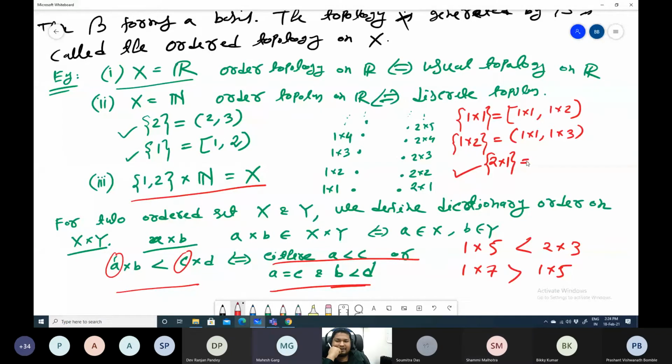It is not open. Sir, we can take intersection. Then can we get this 2 cross 1? No, you cannot get 2 cross 1, right? You cannot start with 2 cross 1. You cannot choose a closed interval because it is not a least element. No, sir, I was talking about intersection. Can we take intersection to get 2 cross 1?